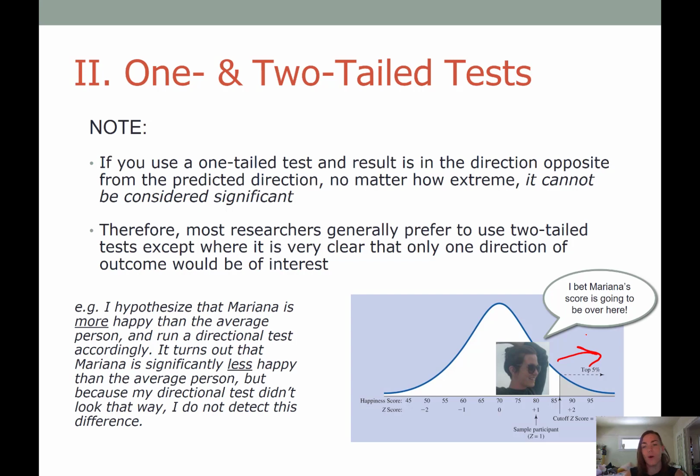Notice I'm only looking towards that tail of the distribution. But if Mariana's score is way down in that lower tail, I have to ignore it. I can't make a conclusion that she was significantly less happy because I wasn't testing that hypothesis. I was only looking in the upper tail for an effect.